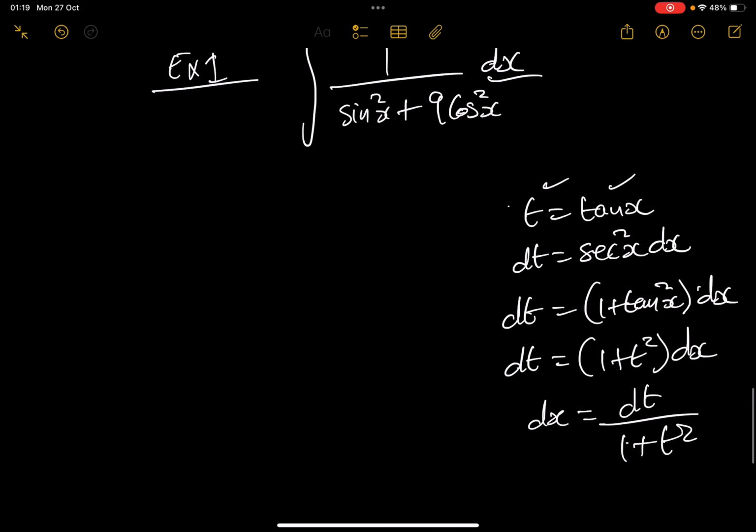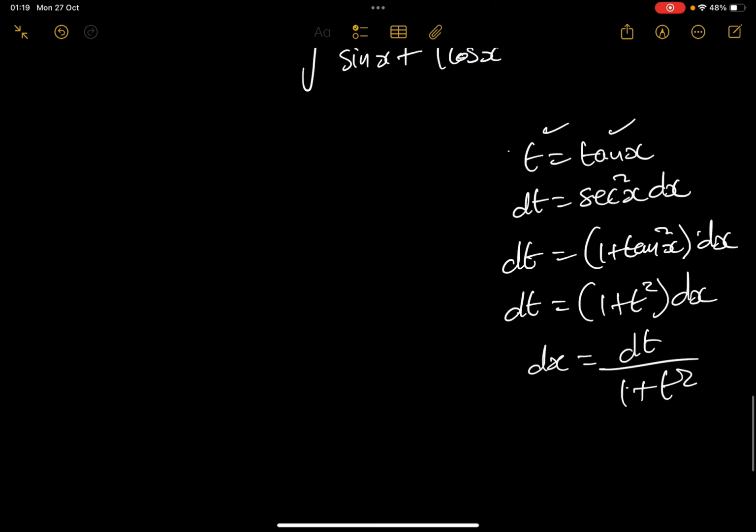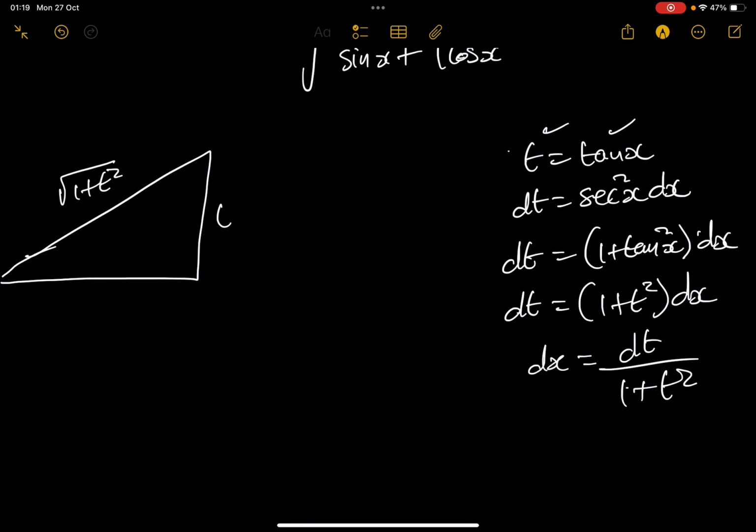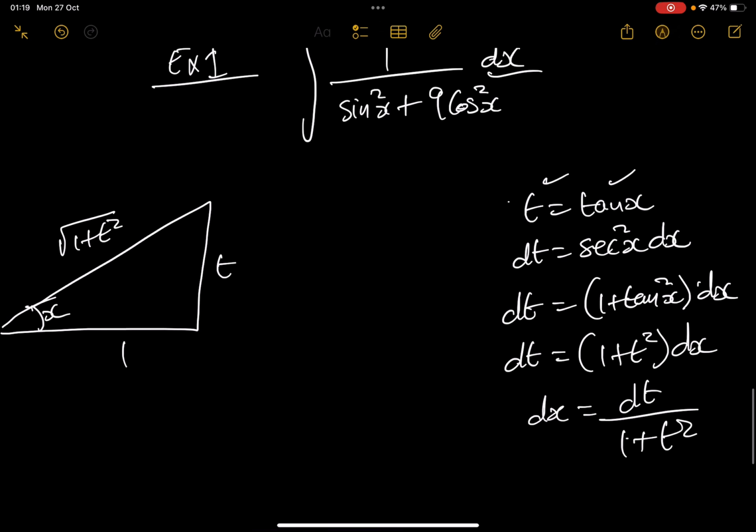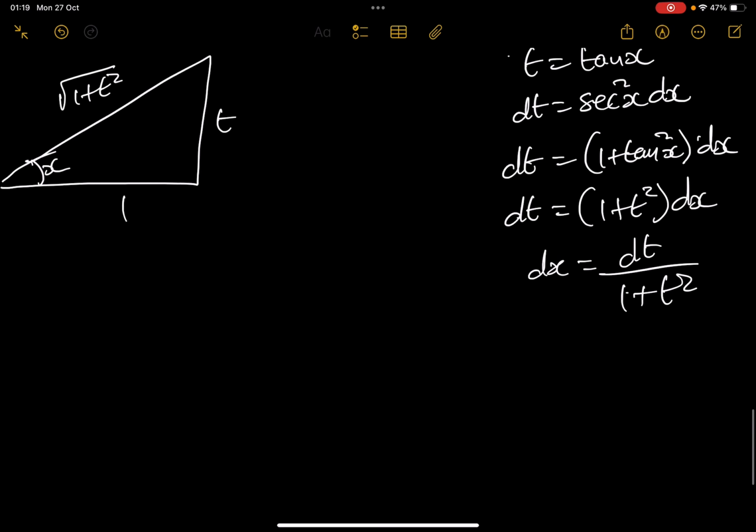Coming back to this one, remember we drew a right angle triangle and we said the hypotenuse is root of 1 plus t squared, this side is t, this is 1, and this angle is x. So now you want to find sine and cos with respect to t.